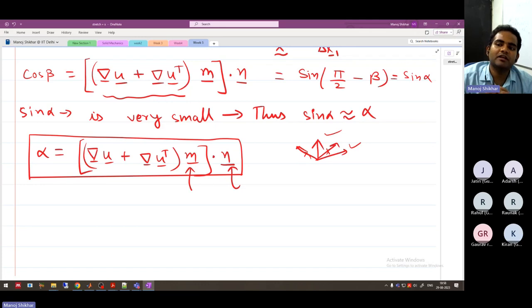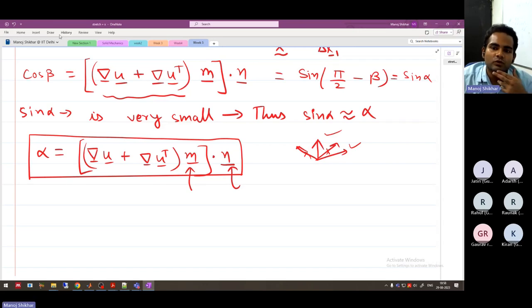So the shear strain depends upon the directions of the line elements we are taking, and we will have different values of shear strain for different pairs of line elements.